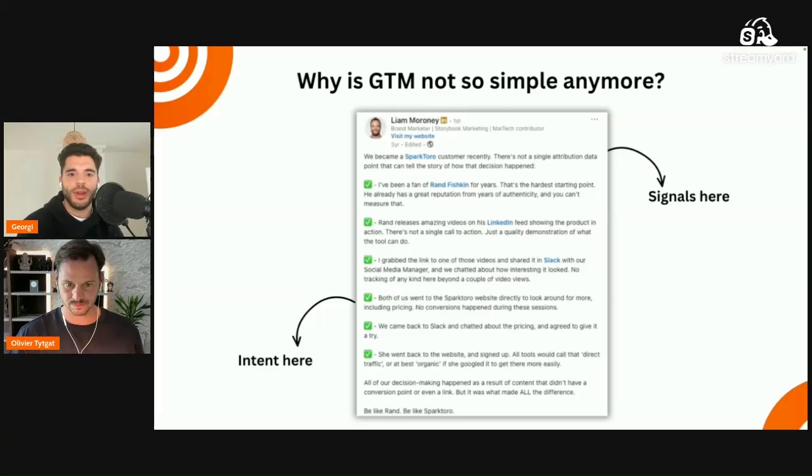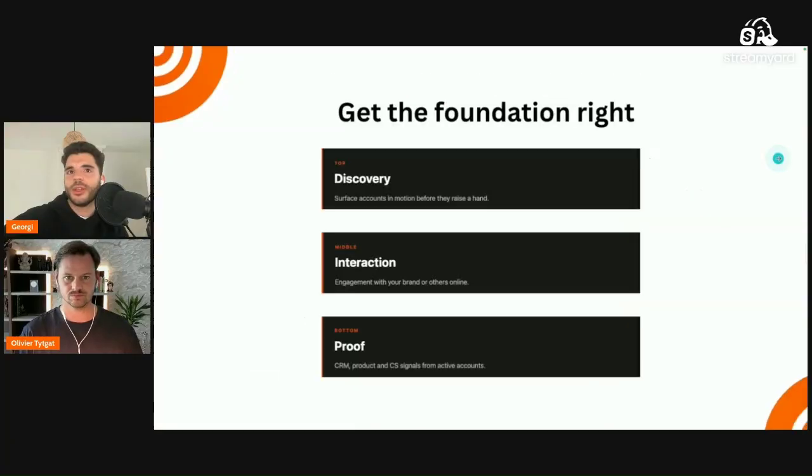I've been following Fishkin for years, so okay, maybe there is a connotation towards purchasing marketing vendors and yada yada, until the intent shows up of, hey, Liam is on my website. But in order to know whether Liam is ready, you need to know the signals behind it to capture the full context around it.